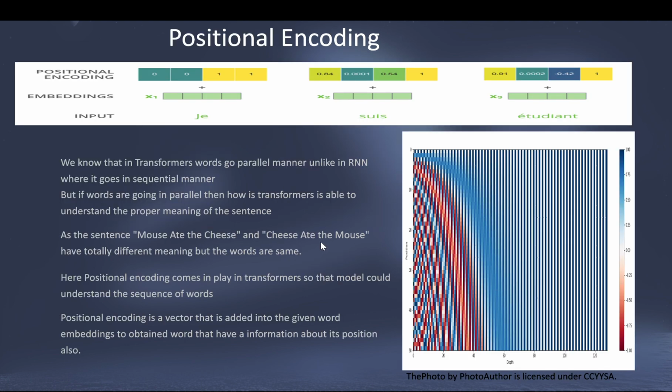And like I said, if all the words are going together, then how is the transformer architecture able to understand which word is coming first? Here I have given one example: mouse ate the cheese and cheese ate the mouse. The meaning is completely different, but we have to train the model so that it understands the proper meaning, which is wrong, which is right, and for training we need to provide proper input at least. Otherwise it will be a garbage in, garbage out condition. To avoid that, we add positional encoding.